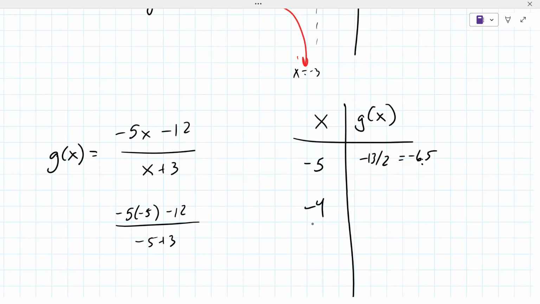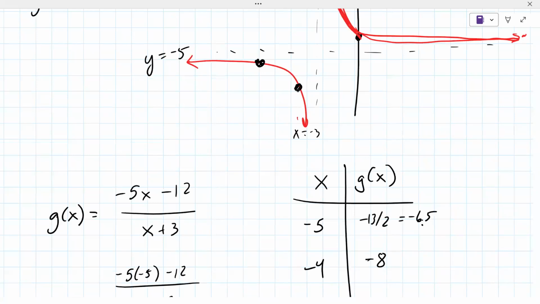I got -8. Yeah, I did as well. Okay, so that's another point you guys can graph, -4, -8.